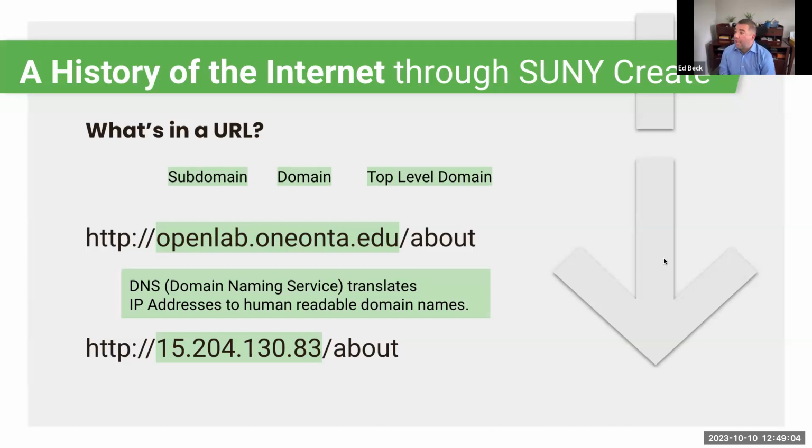So if you went and typed into your browser right now, http://15.204.130.83/about, you would go to a specific folder on my server, and you'd look at the file named about on my server.